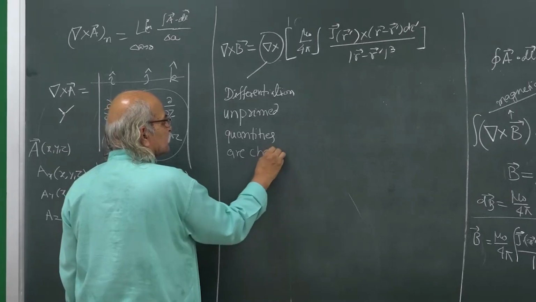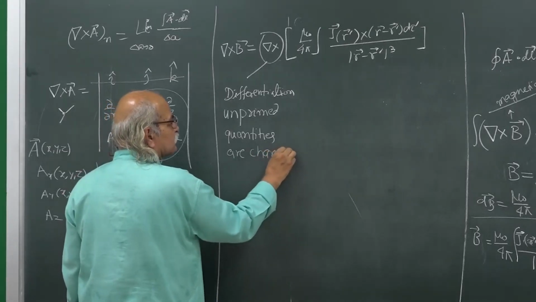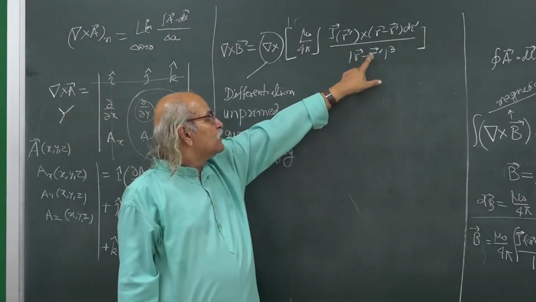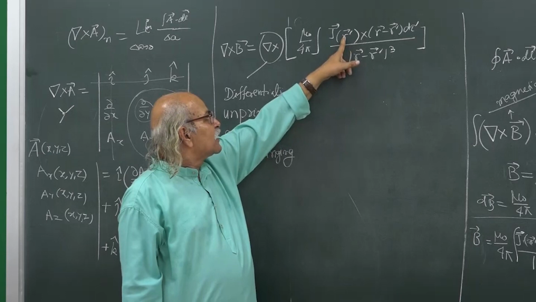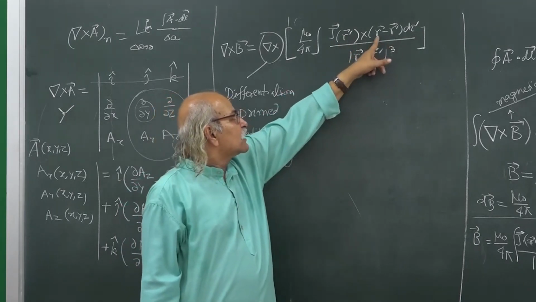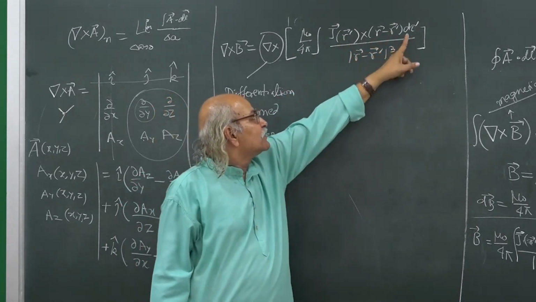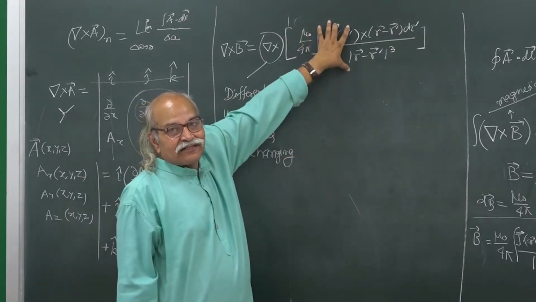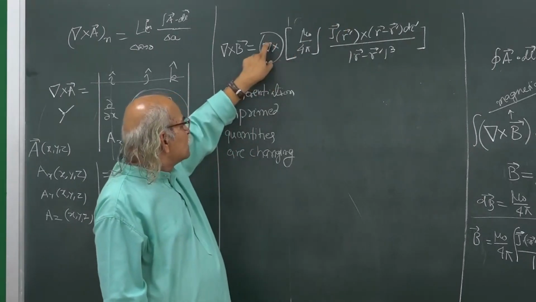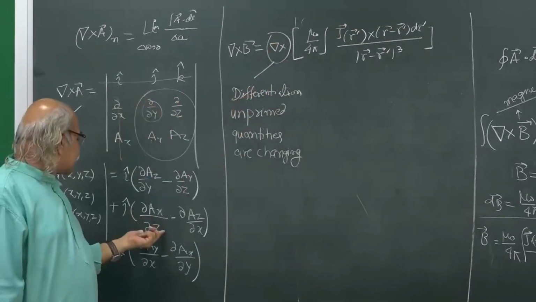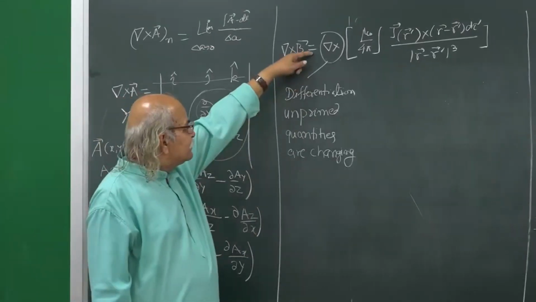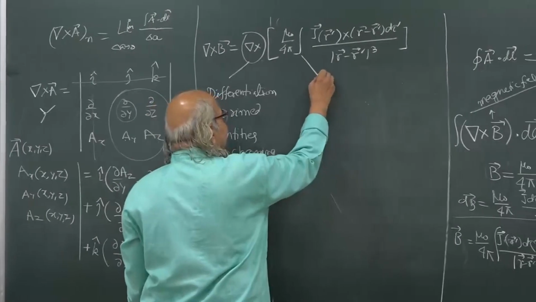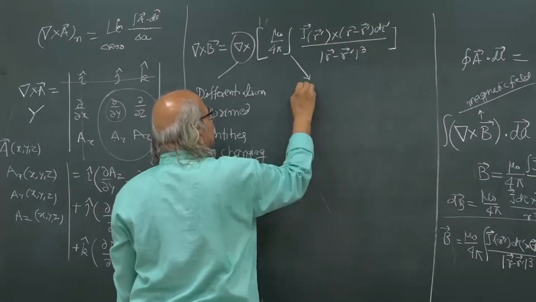The differentiations are with respect to the unprimed quantities. You have primed quantities and you have unprimed quantities. This is primed, this is unprimed. For differentiation, when you say delta x, delta y, delta z, you are changing those unprimed quantities. But for integration, the primed quantities are changing.